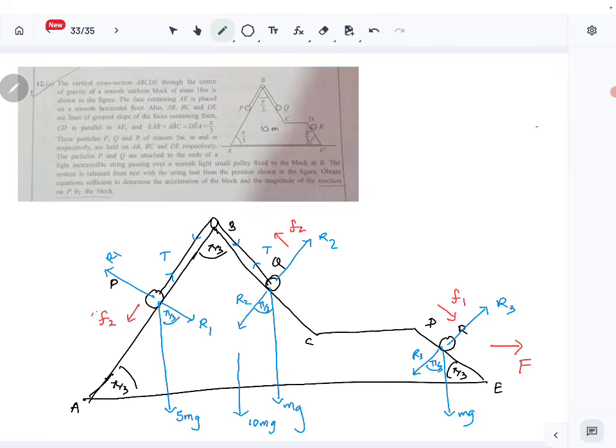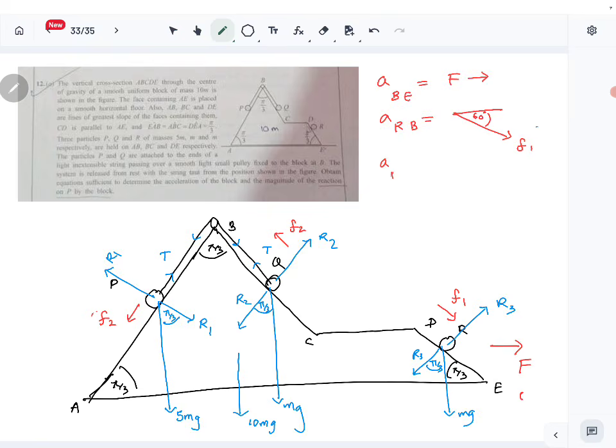Okay, so let me write this down. Acceleration of the block relative to earth is F to the right. Acceleration of R relative to the block is f1 down, and the angle it makes is 60.